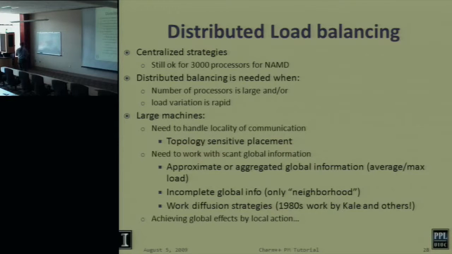The other thing that comes up on these large machines is the cost of communication varies tremendously between any two processors. If you look at BlueGene architectures and Cray architectures of today, they are these torus architectures, where the cost of communicating across to a node that is many hops away in the torus is actually multiplied by the number of hops.